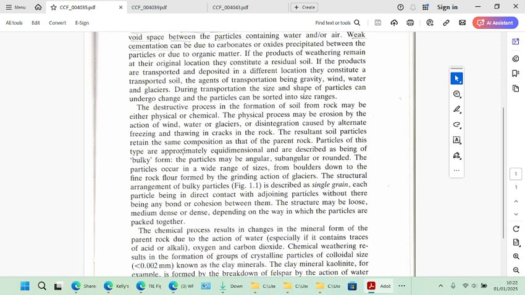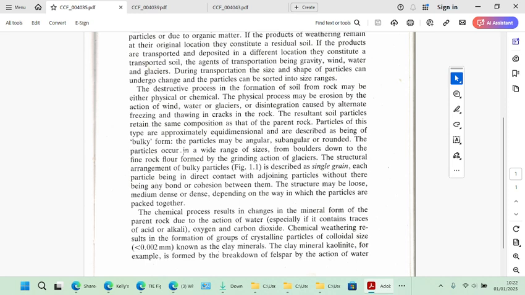Right, paragraph 2. The destructive process in the formation of soil from rock may be either physical or chemical. The physical process may be erosion by the action of wind, water, or glaciers, or disintegration caused by alternate freezing and thawing in cracks in the rock. The resultant soil particles retain the same composition as that of the parent rock.